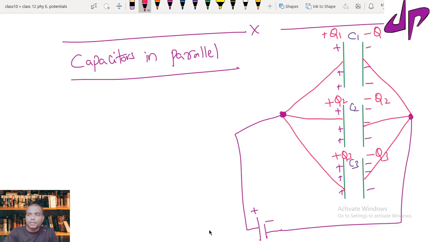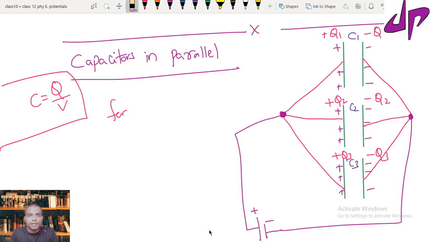Now we can write the expressions by considering the capacitance and the charge-potential relation, C equal to Q upon V. This is the basic formula to write the expression.